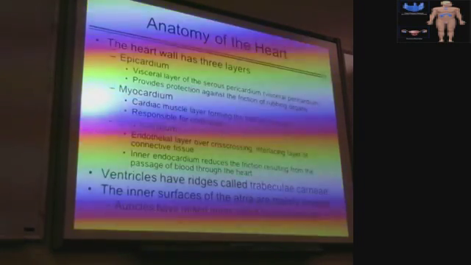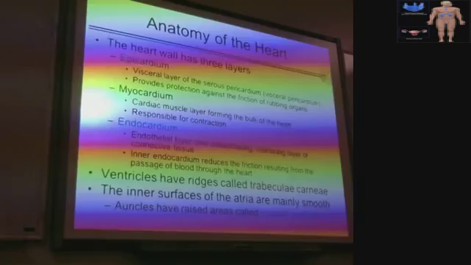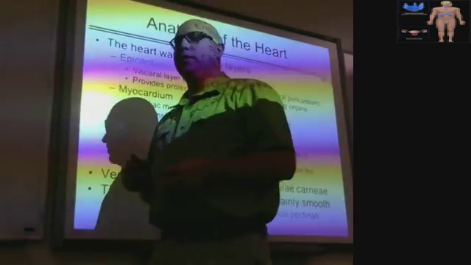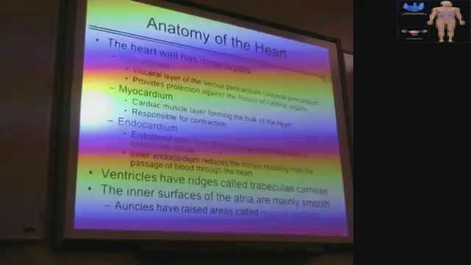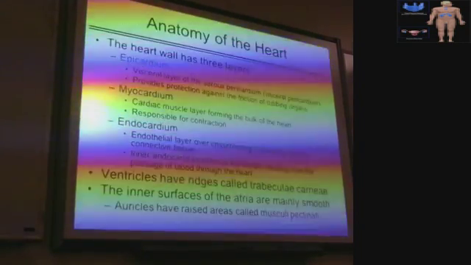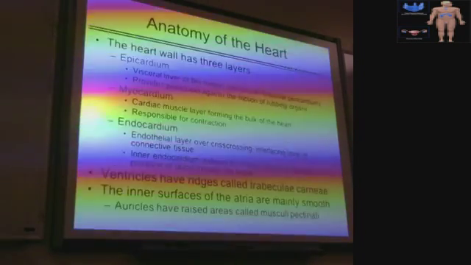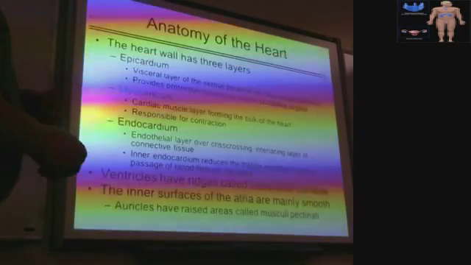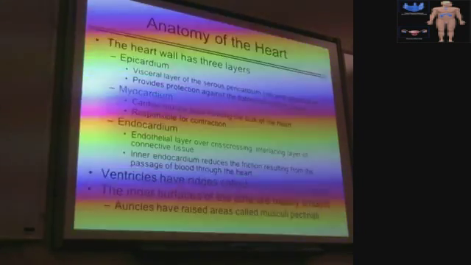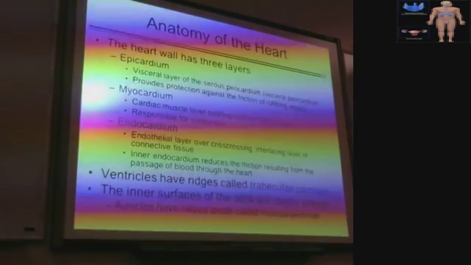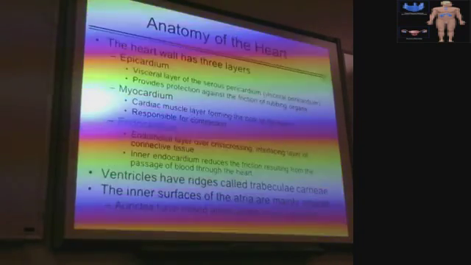The myocardium, myo referring to muscle, is the layer of cardiac muscle forming most of the heart. Okay? And it's also responsible for the contraction and beating of the heart. The endocardium.